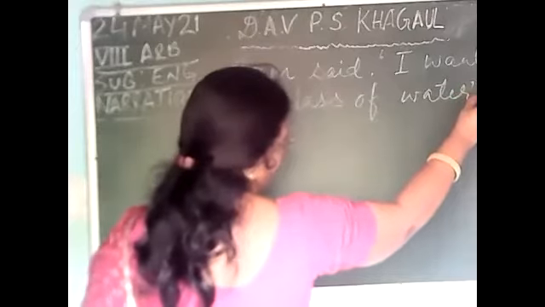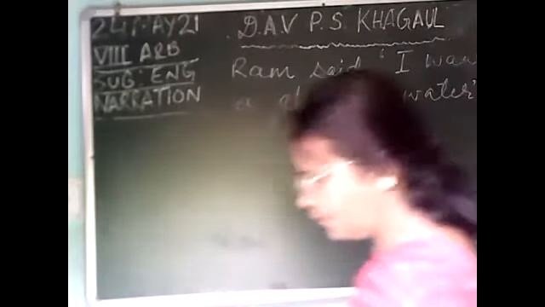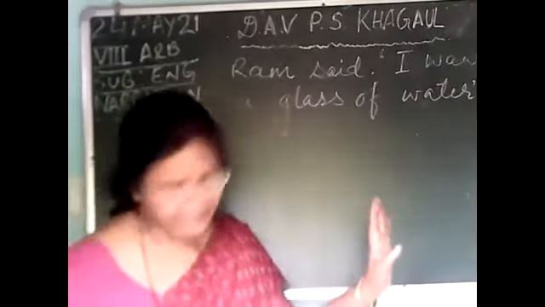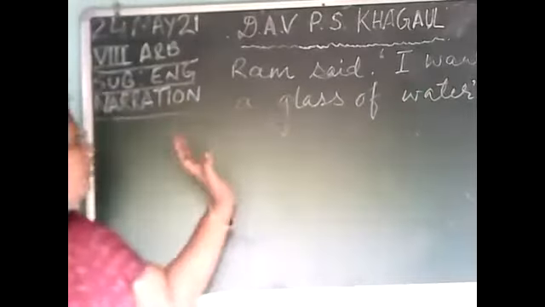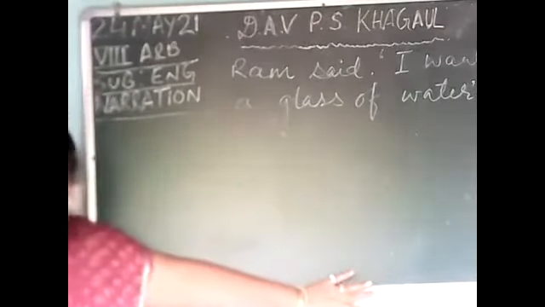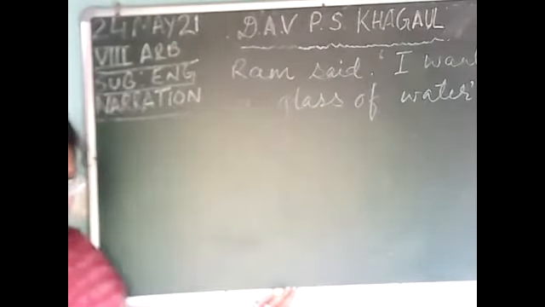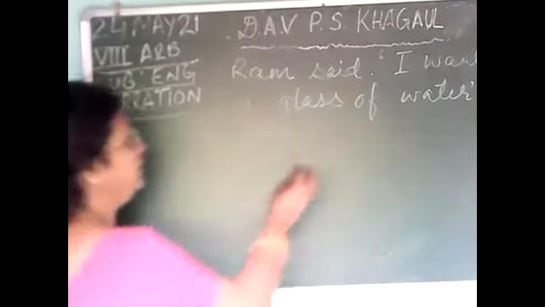Blackboard is visible to everyone. Is it okay? Yes. Ram said, I want a glass of water. Which type of sentence is this? Tell me. Direct speech.